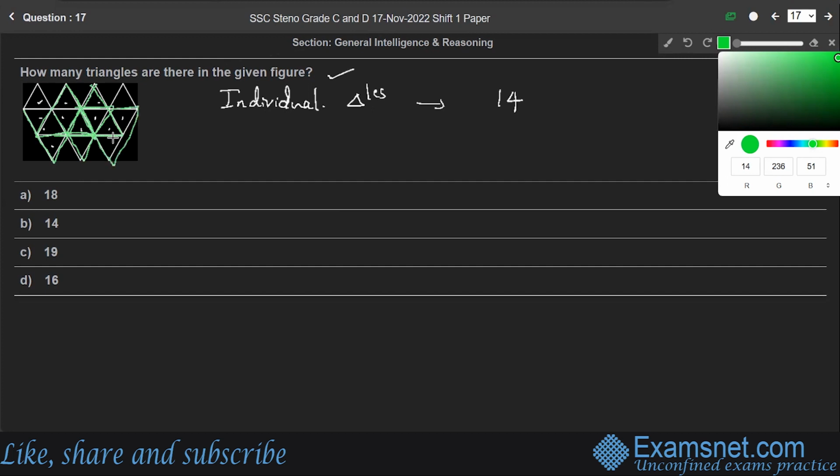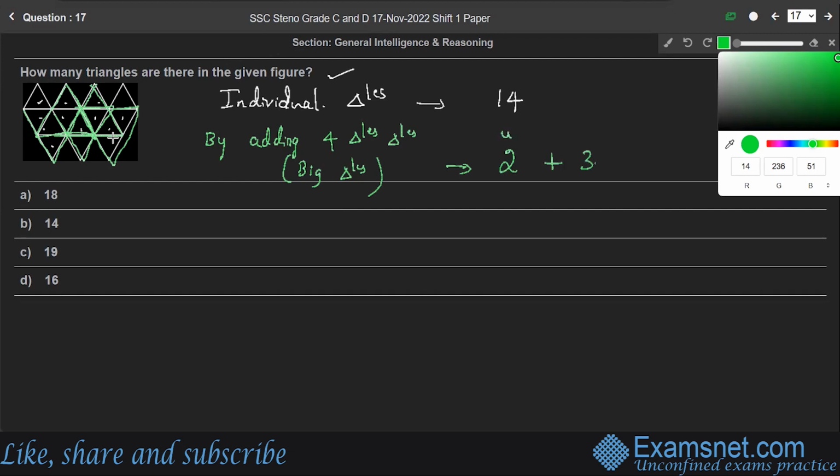By adding four triangles, we get big triangles. So 2 plus 3, 5.